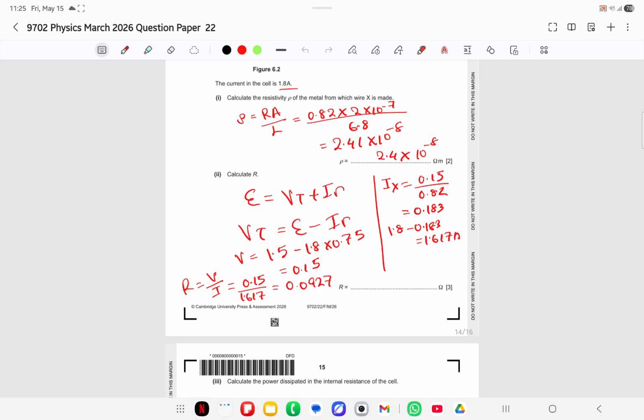Okay, I don't know what I did wrong here. 0.75, 0.15, 1.8 minus 0.183, 1.617 equals V by I. Wait, guys, let me just figure out what I did here.